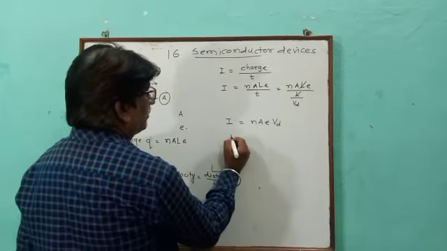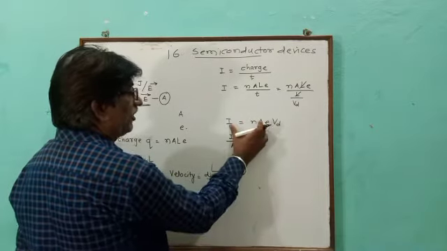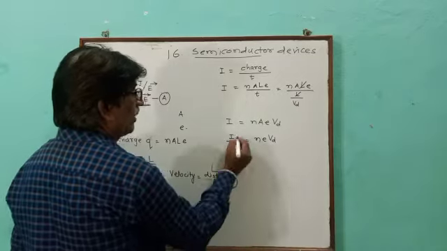If we rearrange the terms, current upon area is equal to N e Vd.